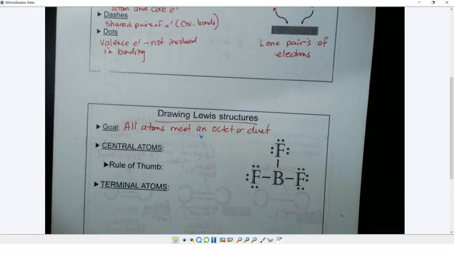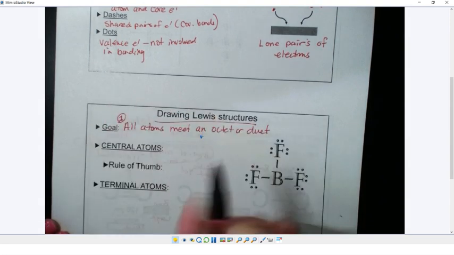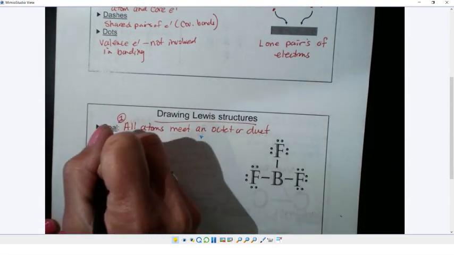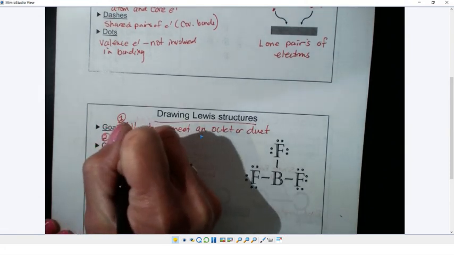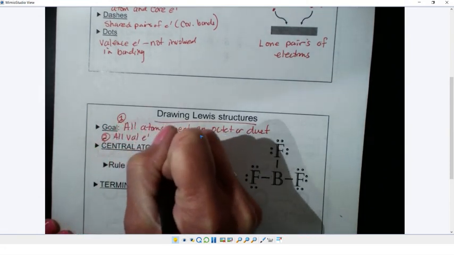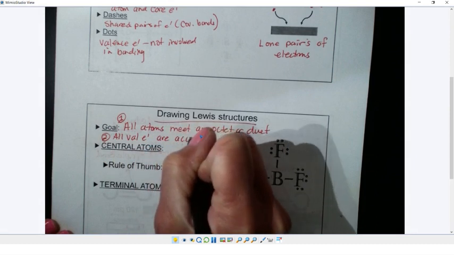Basically hydrogen is the only one that's going to meet a duet, since we're not going to use any metals. Everybody else is going to meet an octet. Our second goal is that all valence electrons are accounted for.